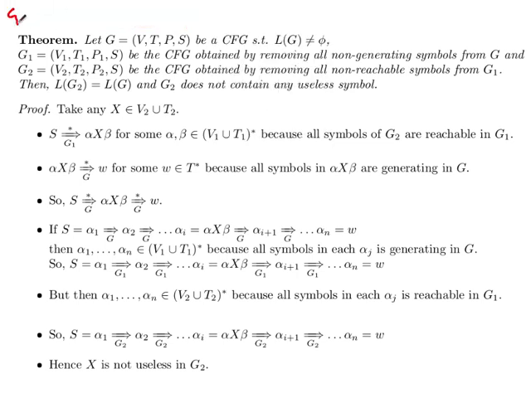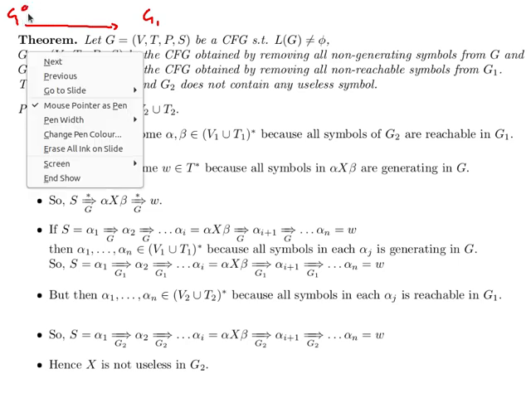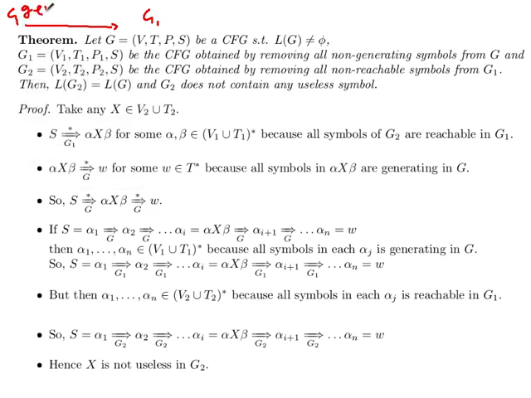So you have some G, and from here you get to this G1, and at this step the generating symbols remain.